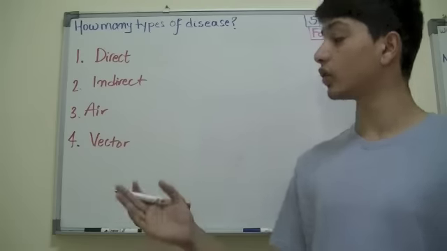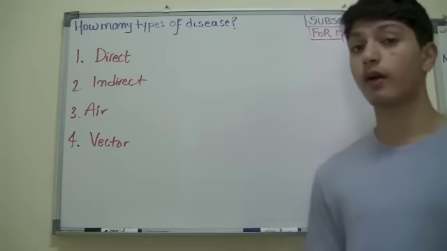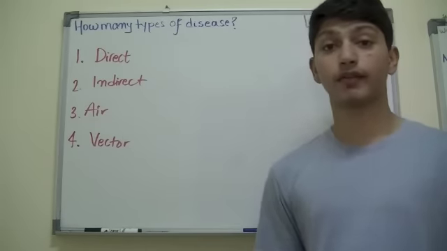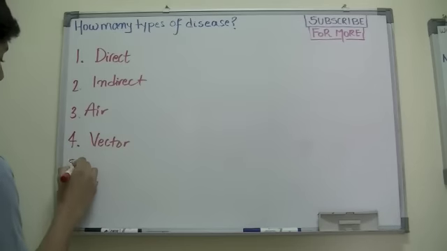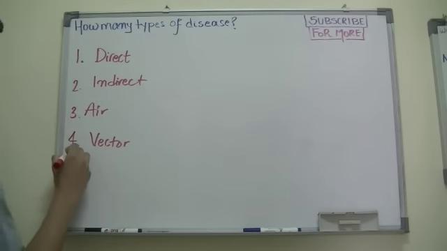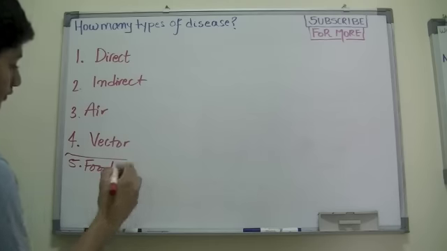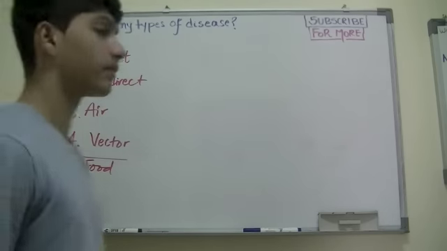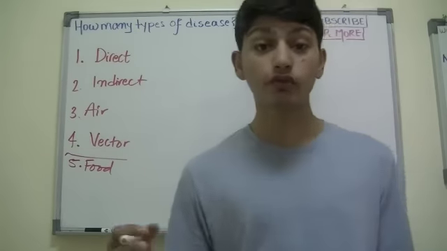Now you might think there are only 4 different ways a pathogen can be passed on. Well, if you say that, you're incorrect. There are 5 ways in which pathogens can be passed on. And the 5th one is rather peculiar because it can be passed on by food. Okay, how? Well, pathogens can be transmitted through food.